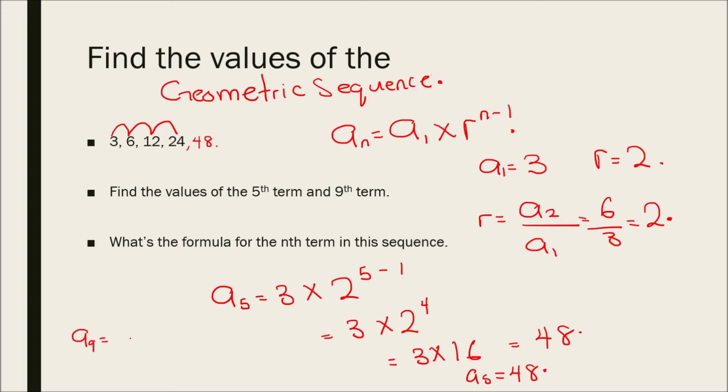And now the ninth term, same thing. A9 will equal 3 times 2 to the power 9 minus 1. 3 times 2 to the power 8. So what is 2 to the power 8? 2 to the power 8 should give me 256. Okay, that's 256. 16 times 16, yes, that's 256. So we have 3 times 256.